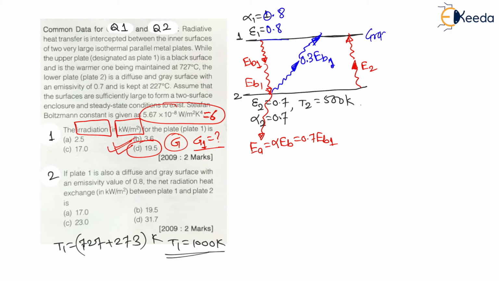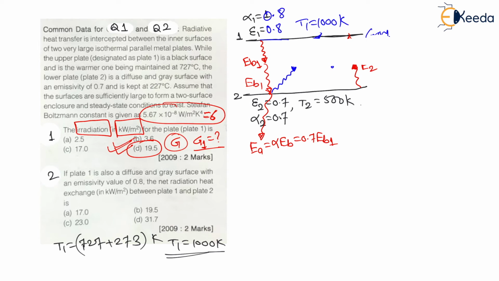It is now a gray surface, and temperature is 1000 Kelvin. Then what is the net radiation heat exchange in kilowatt per meter square between plate 1 and plate 2?